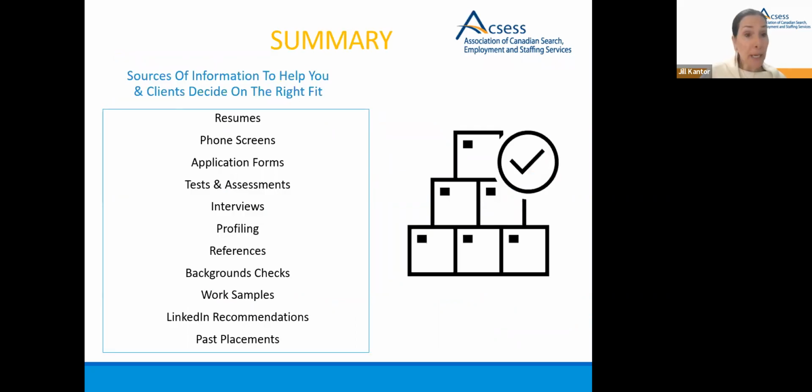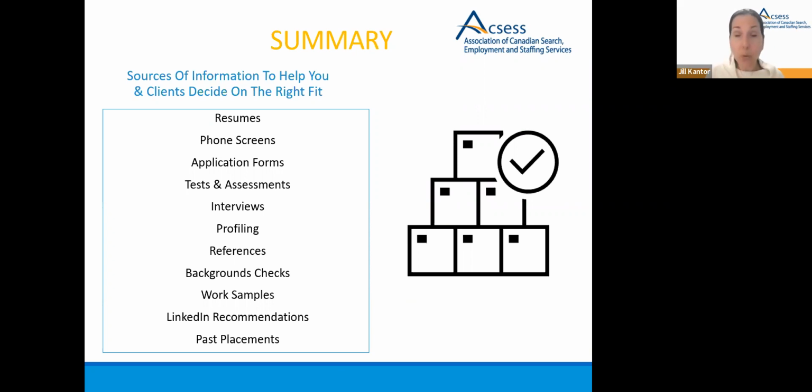And so just a summary of everything that we have covered today. We've spoken a little bit about resumes, what to look for in resumes, how to quickly screen the resumes, what we're looking for, a little bit about phone screening before we invite them for a full interview, maybe a little bit about applications and do they fill out forms or not fill out forms?